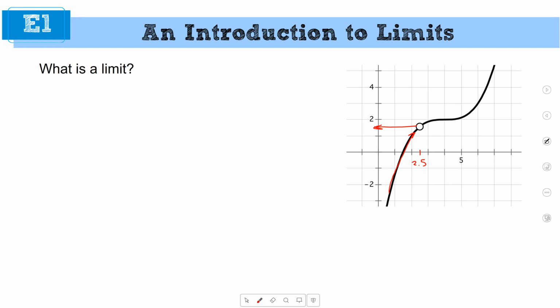So, what is the limit as x approaches 2.5 of, let's call this function f of x? Say again? 1.5. Now, that might bother some of you because there's no value at 1.5.